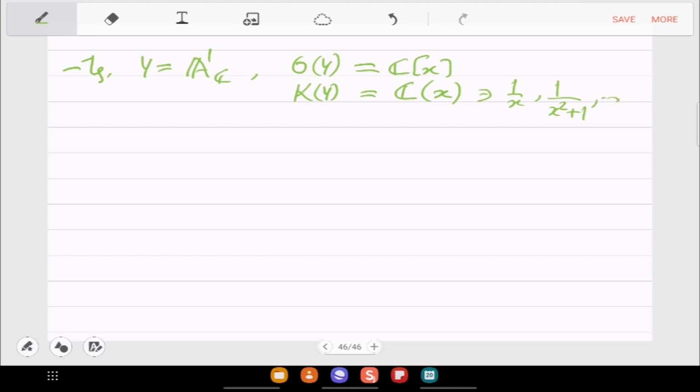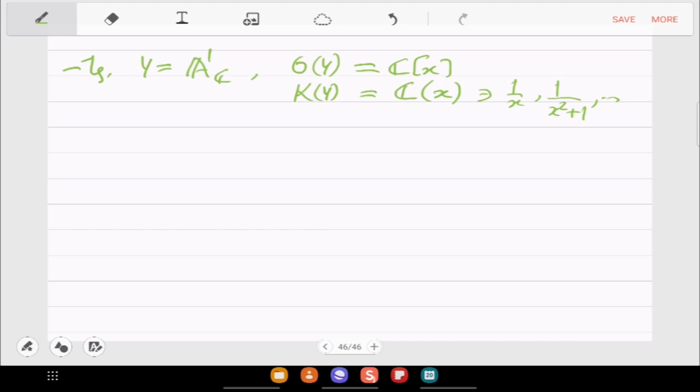The reason why 1 over x square plus 1 was not there before was because there are zeros where the denominator vanishes, right? So that was not a thing which was regular on the whole of the affine line. But now you don't care about their vanishing because you will just exclude the vanishing part. The remaining is open.